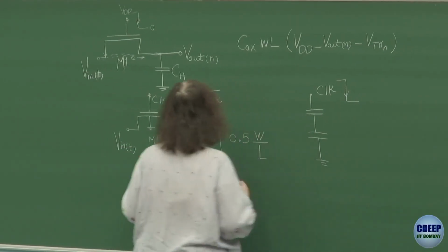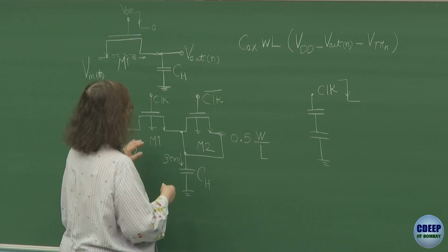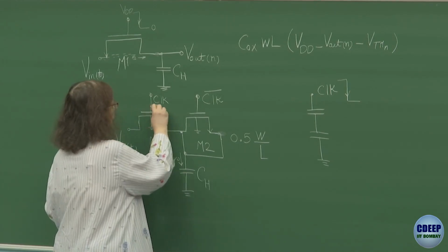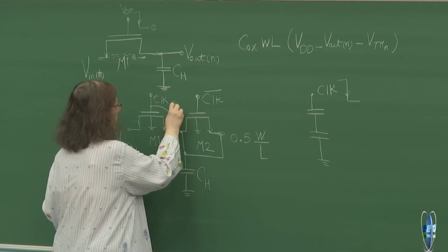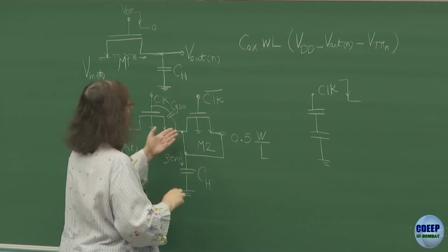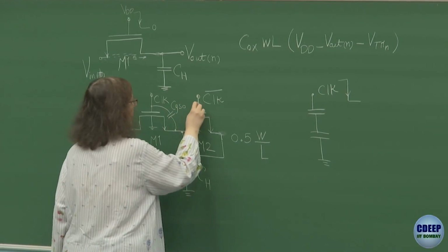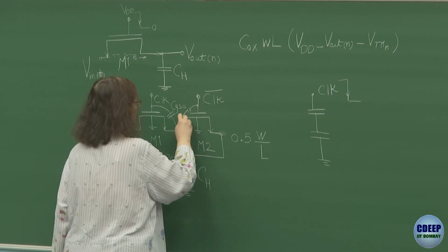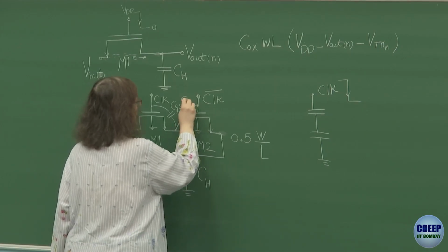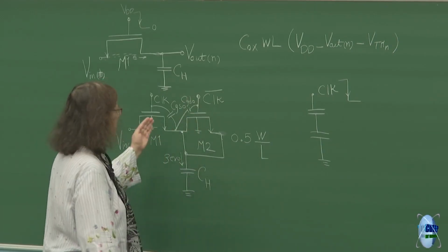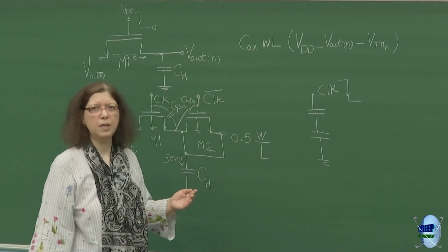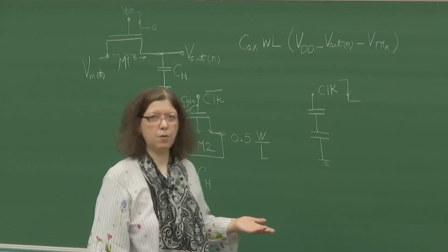So now what are the capacitors we see here? So we have, say, the gate source overlap over here, and then say the gate drain overlap of M2 over here. So two types of capacitors, but both are overlap capacitors, and per unit W they are equal.